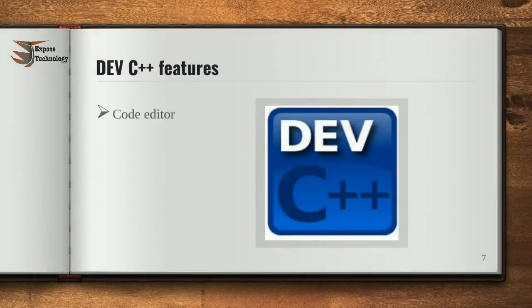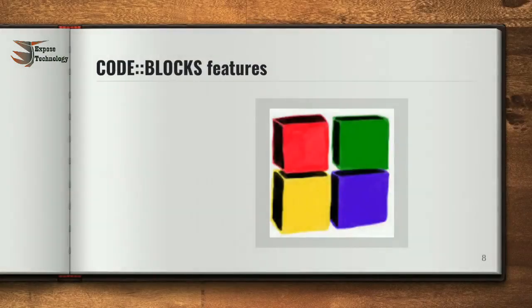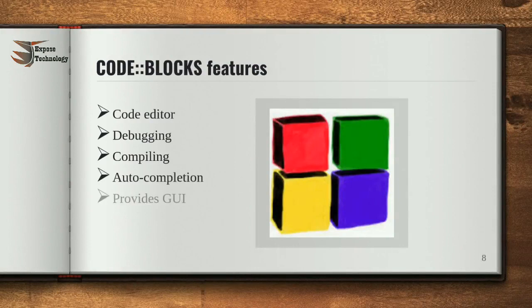Dev C++ features. It also provides a code editor, debugging feature, and compiling. It's also open source. Code blocks features. Same as before: code editor, debugging, compiling, auto-completion, GUI, multi-platform support.